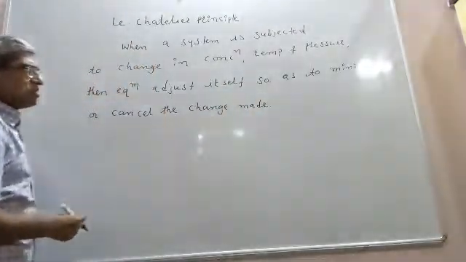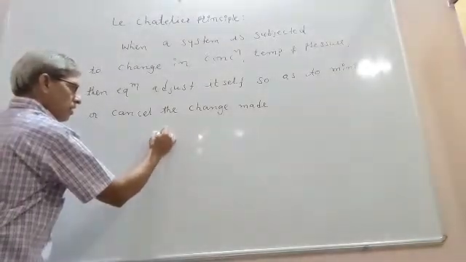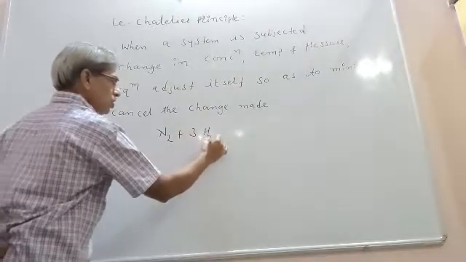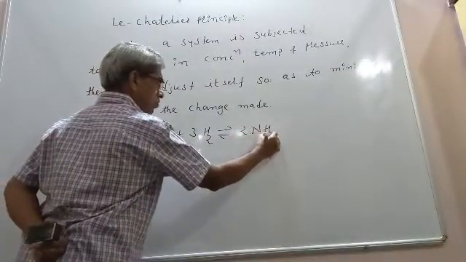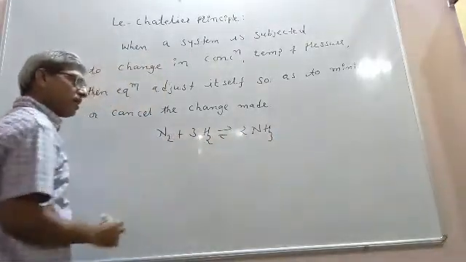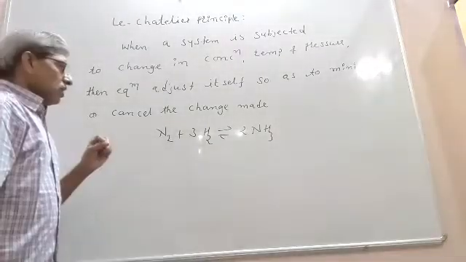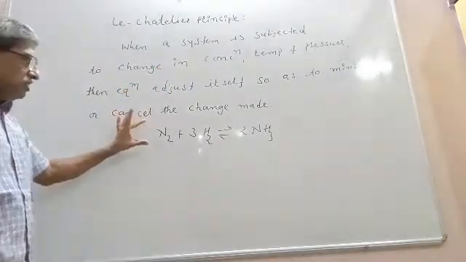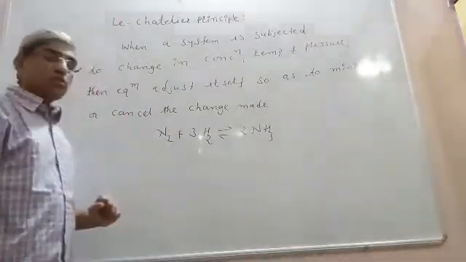To explain this, consider again a very famous example. N2 plus 3H2 gives 2NH3, formation of ammonia from nitrogen and hydrogen. Then the system is subjected to change, in concentration.